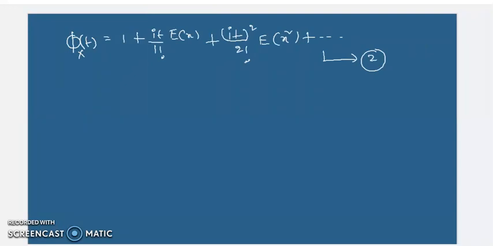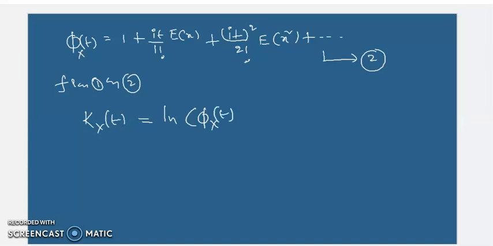Now from equations 1 and 2 we can easily write K_X(t). What is equation number 1? K_X(t), the cumulant generating function of a random variable X, is equal to, we know the definition, the logarithm of phi_X(t).